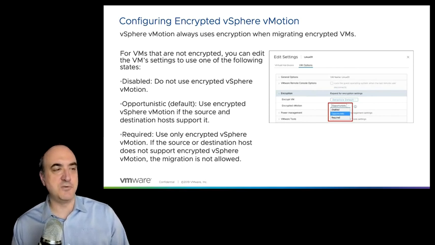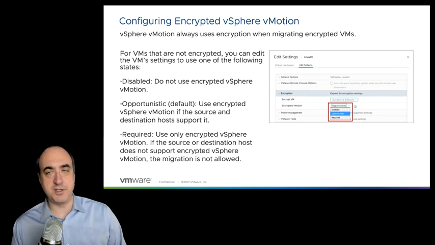So what's the deal with this, and why is it in the VM encryption lesson? If a VM has the encryption policy applied to it, so that means we're encrypting the VM data, this will switch automatically to required. So when a VM is encrypted with VM encryption, its vMotions must be encrypted as well.